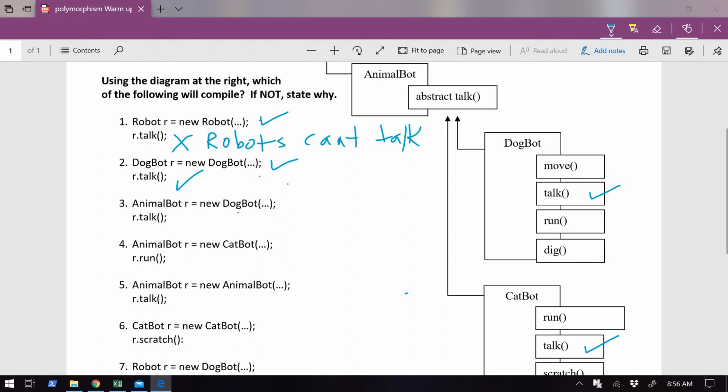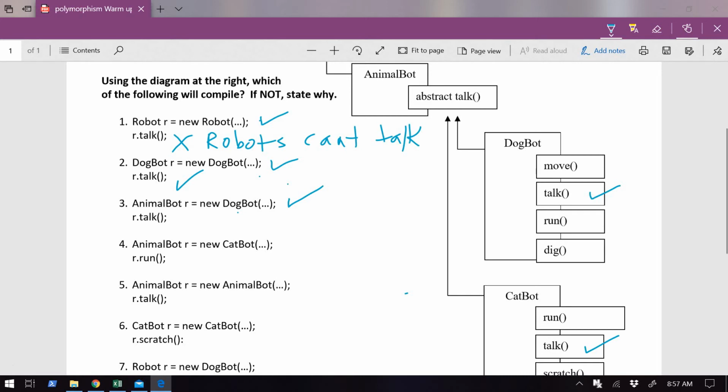A dog bot can move, which is overriding the move of a robot. It can talk, run, and dig. So my instantiation is fine. I've got something general pointing at something more specific, which is fine. But the capabilities, or the role, the contract, is for an animal bot, and animal bots can talk.